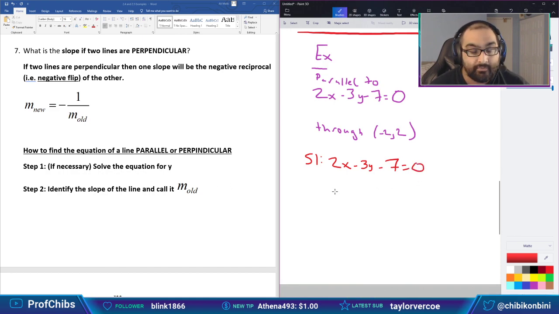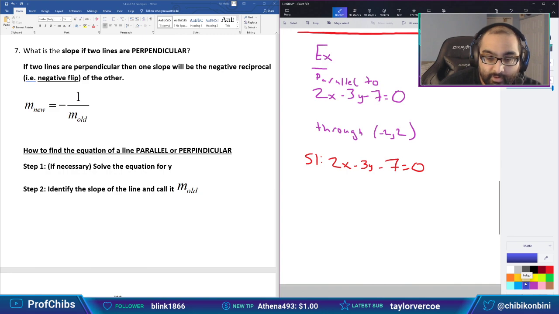Actually, let's go over this really quick. How do I solve for y here? What should I do first? Subtract 2x. Add 7 to both sides.